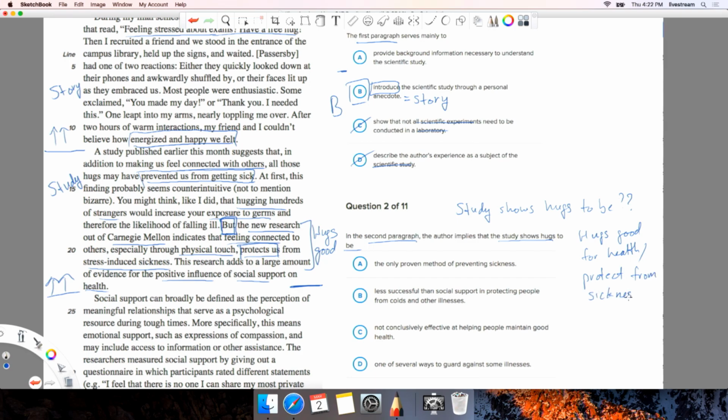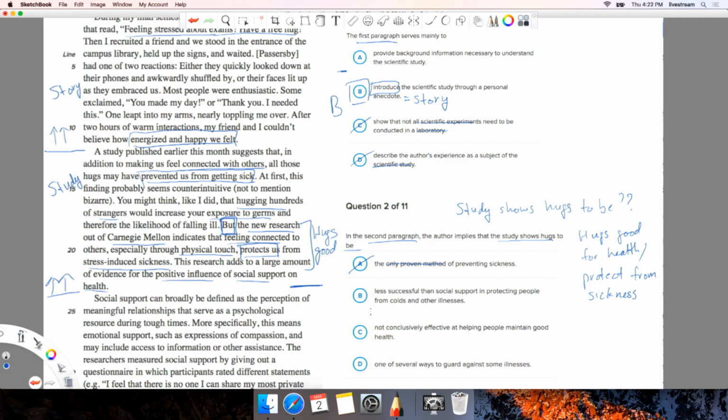And now with that prediction, I can go ahead and uncover the answer choices and look through A through D. So let's take a look. A says hugs are the only proven method of preventing sickness. So only proven method makes that not correct, because the study says that there are some benefits of hugs, but certainly doesn't claim that it's the only proven method, and doesn't match my prediction either.